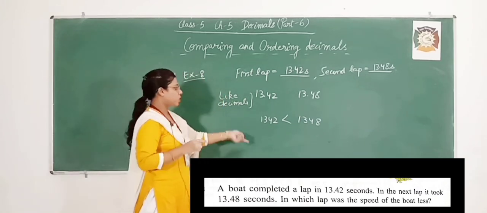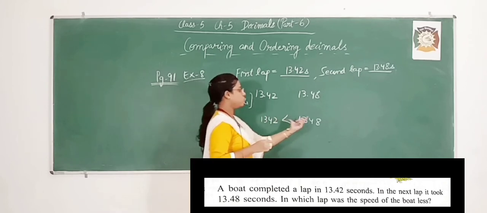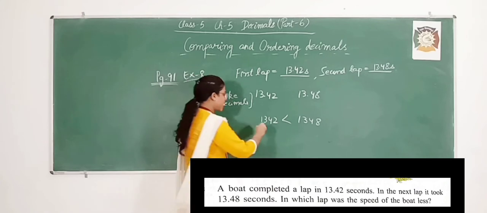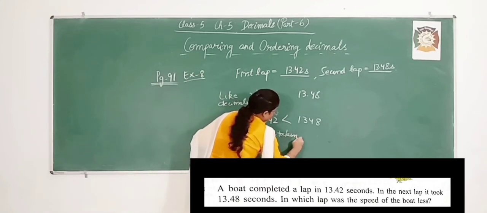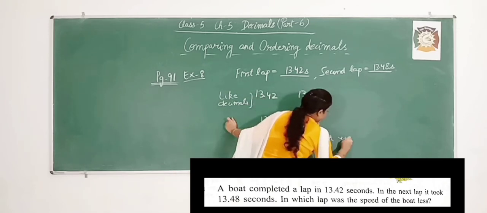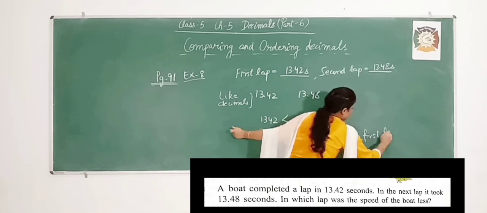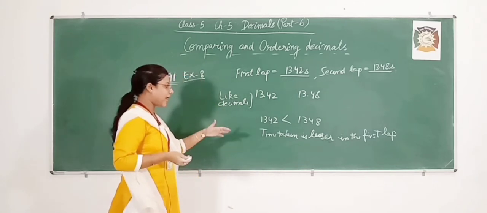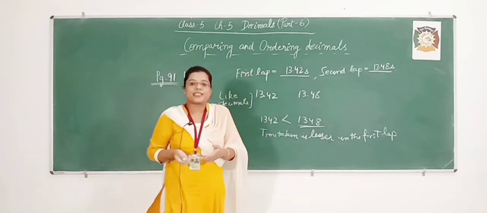That means the boat has taken lesser time in the first lap as compared to the second lap, and since the time taken is lesser in the first lap, the distance, that is the first round, was the same. In the second lap the boat has taken more time. Why has it taken more time?